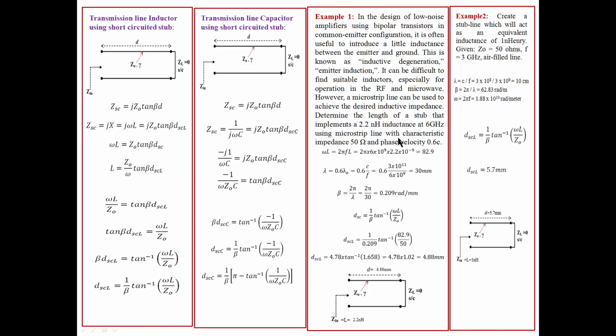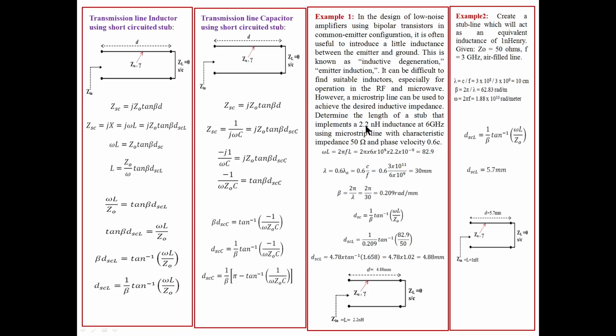Once we come across a transmission line other than an air filled one, the velocity is different. It is not equal to the velocity in air. The velocity in the microstrip line is 0.6 times C, as provided here. It is not the same as the velocity in free space.